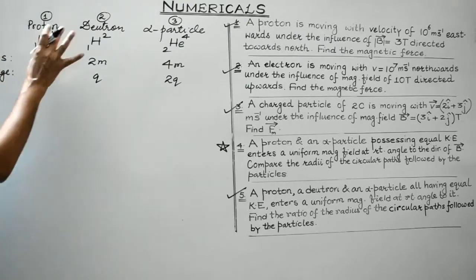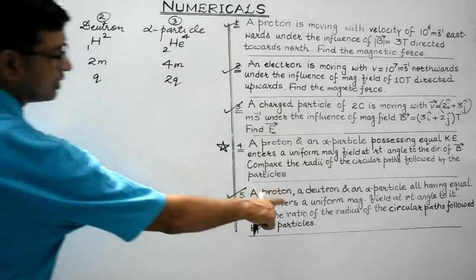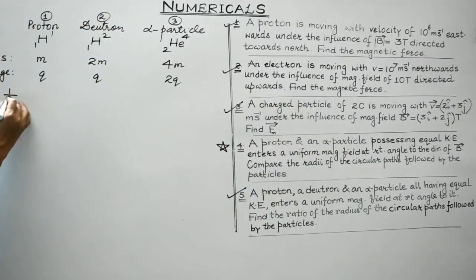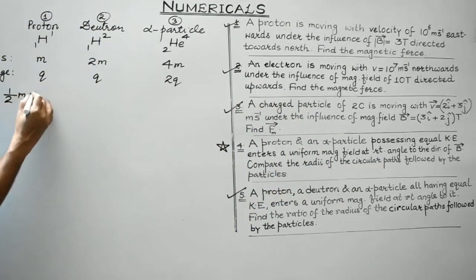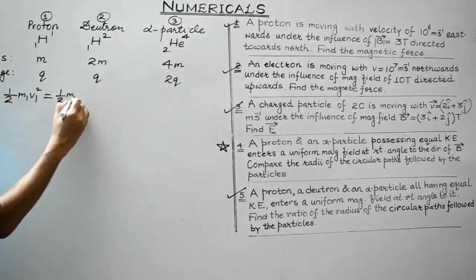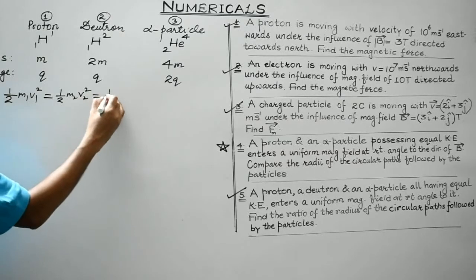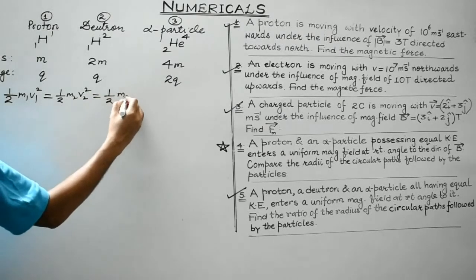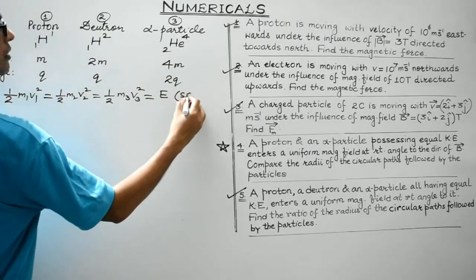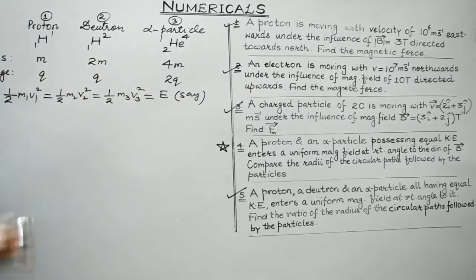Okay, this is done. Now also it is given they all possess equal kinetic energies, that is half m1 v1 square is equal to half m2 v2 square is equal to half m3 v3 square is equal to E, say. And it is constant, half gets cancelled out.